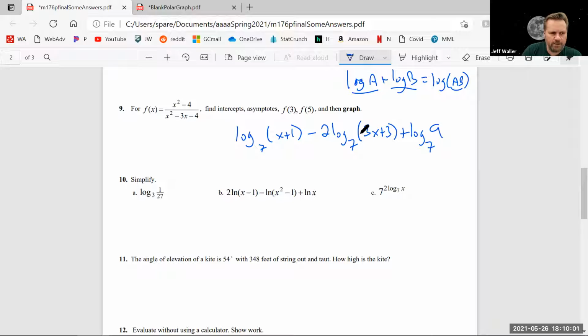Before I can start putting these together, I don't have log minus log. I have log minus 2 times log. How do I get that 2 out of there? Do I just erase it and hope that you missed it? What's the property of logarithms that can help me get rid of that 2?